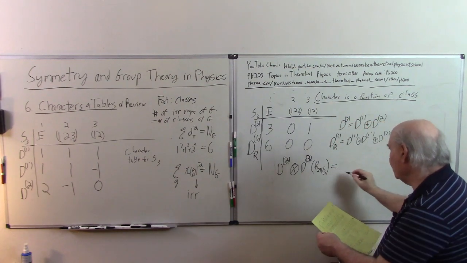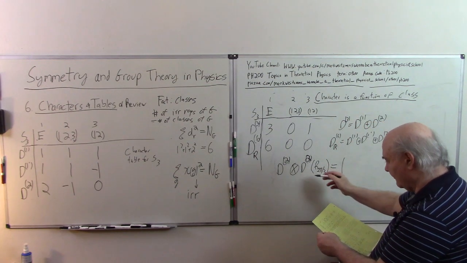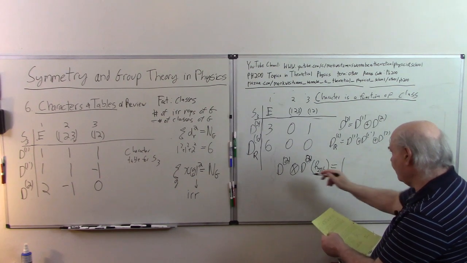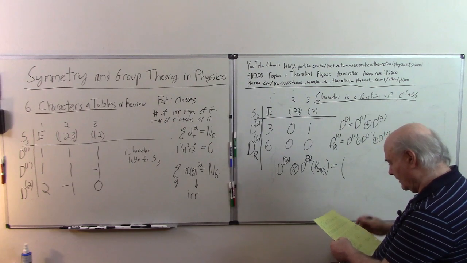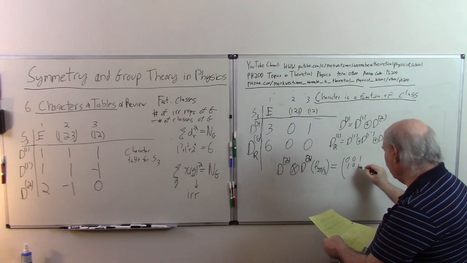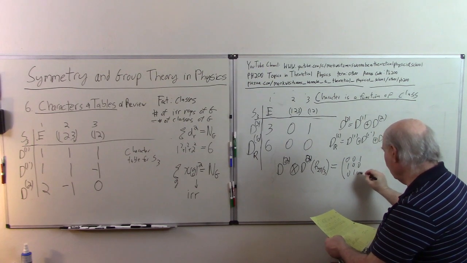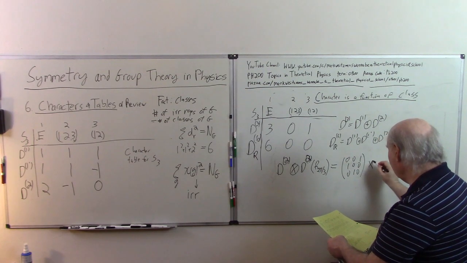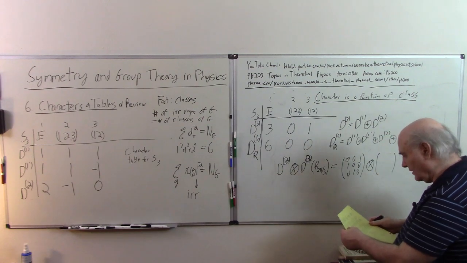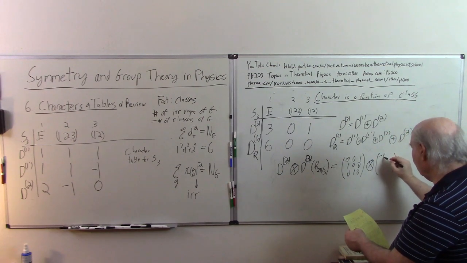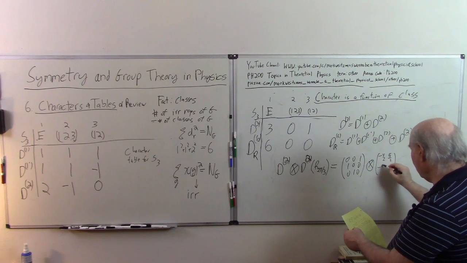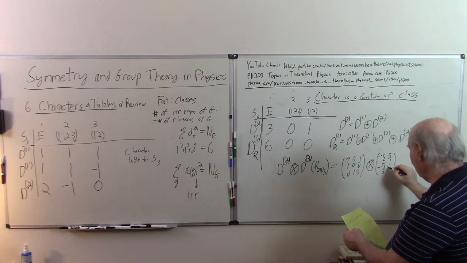So we're going to take the matrix that represents R2 pi over 3 in the 3-dimensional representation, which is just 0, 0, 1, 1, 0, 0, 0, 1, 0. I'm going to take that direct product of R2 pi over 3 in the 2-dimensional representation, minus 1/2, the square root of 3 over 2, minus the square root of 3 over 2, minus 1/2.